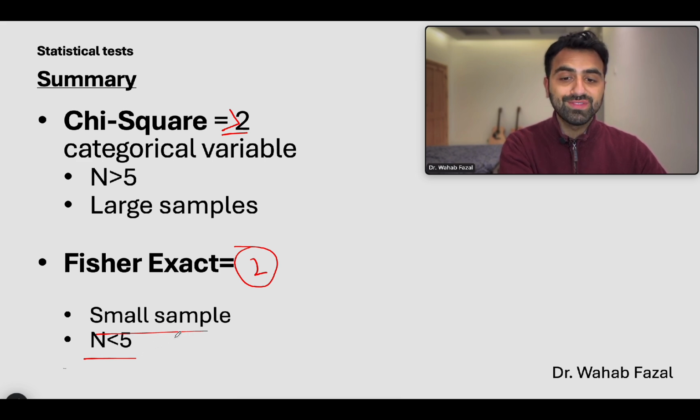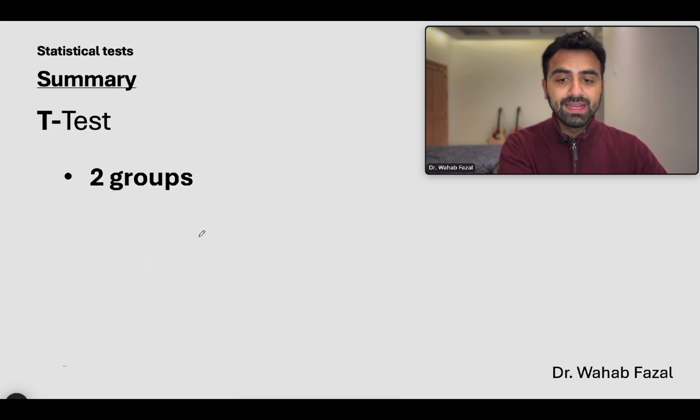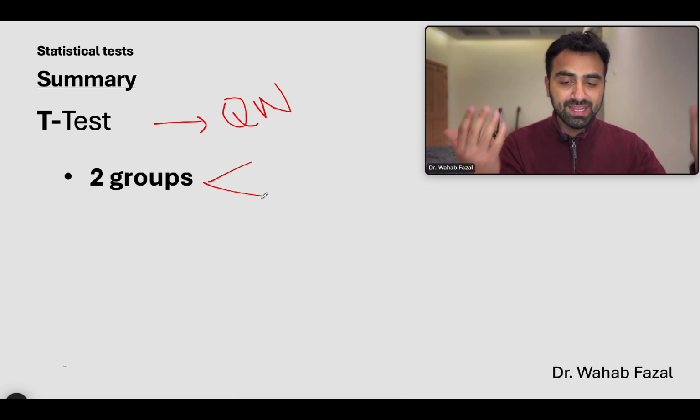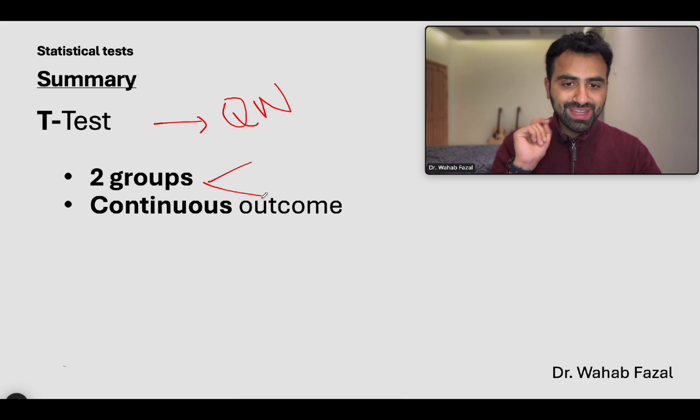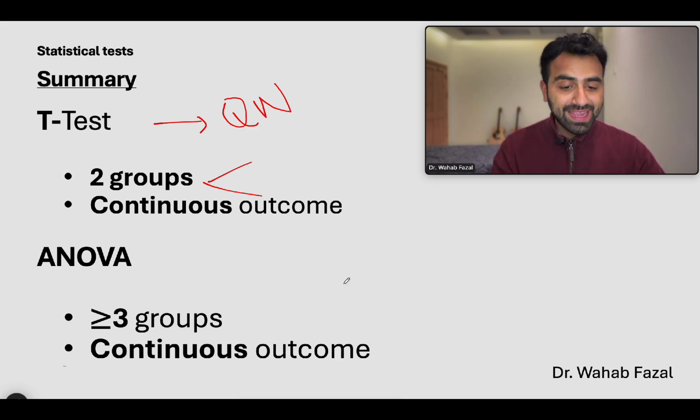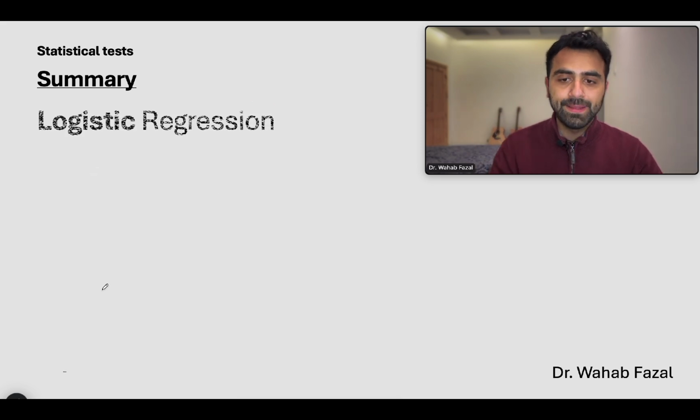T-test for two groups predicts a quantitative outcome in two qualitative groups, smokers or non-smokers, players or non-players, coffee drinkers or chai drinkers. Two groups, continuous quantitative outcome. ANOVA, three or more groups, again a continuous outcome. T is for 2, ANOVA is for 3 or more.